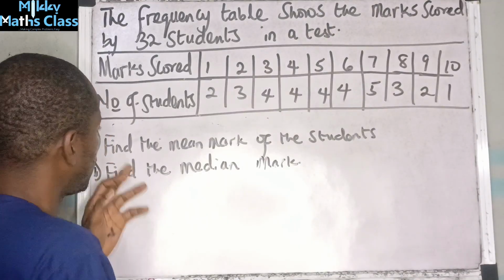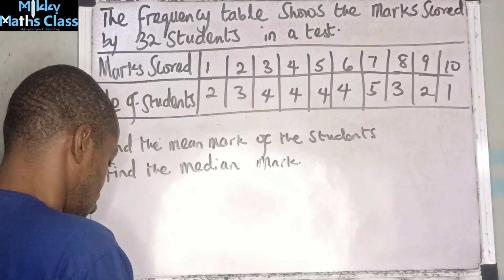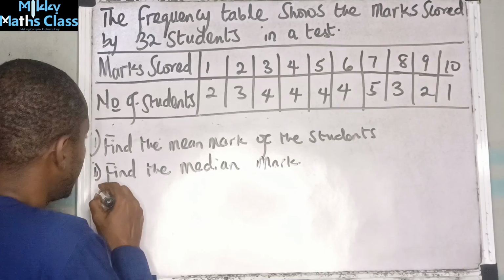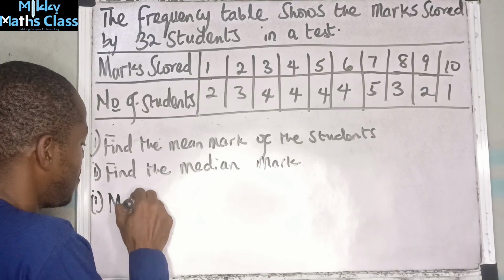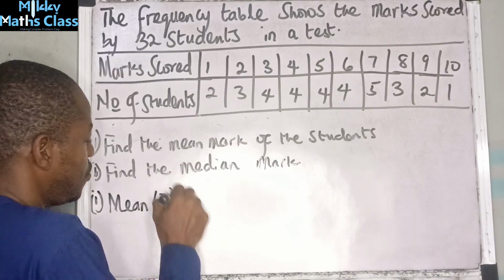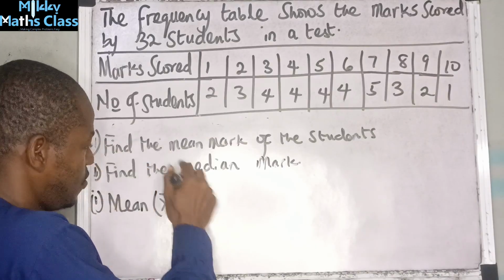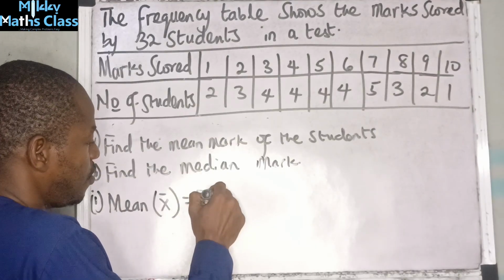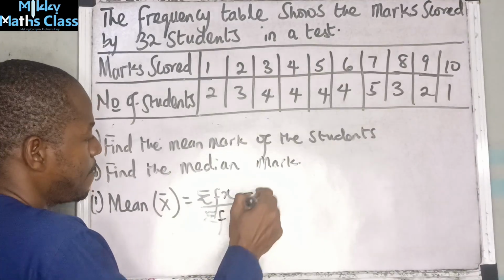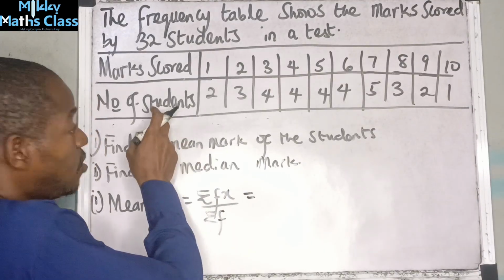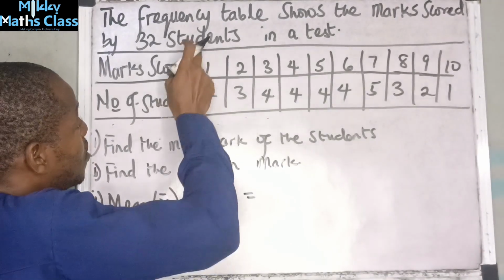Now, the first question we asked is find the mean mark of the students. So the mean, x bar, is equal to summation of fx over summation of f. Here is our frequency, the number of students, and this is our x.